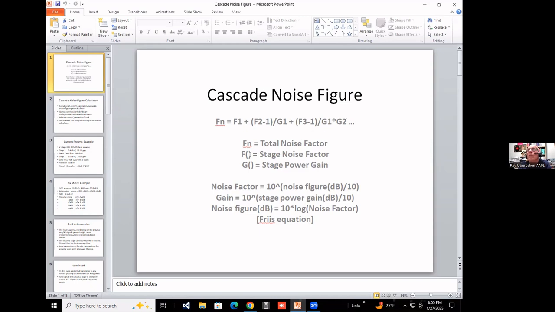So F with the parentheses means F1, F2, F3, and G is the stage power gain. The F's are all noise factor, and the stage power gain is also in linear units. In other words, if you had a 20 dB power gain, that would be a gain of 100. So you'd put 100 in here rather than the dB.